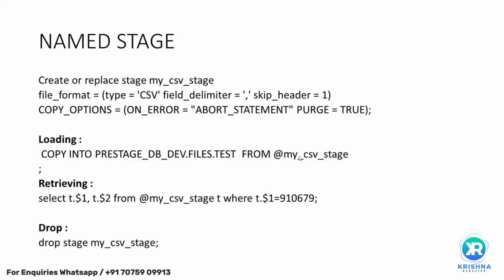So stages, we understood, are the place where we keep the files for the purpose of loading, and we can keep them in a user stage, table stage, or named stage. Once the files are there in that stage, you can load them into whatever table it is. How to load? Using copy.